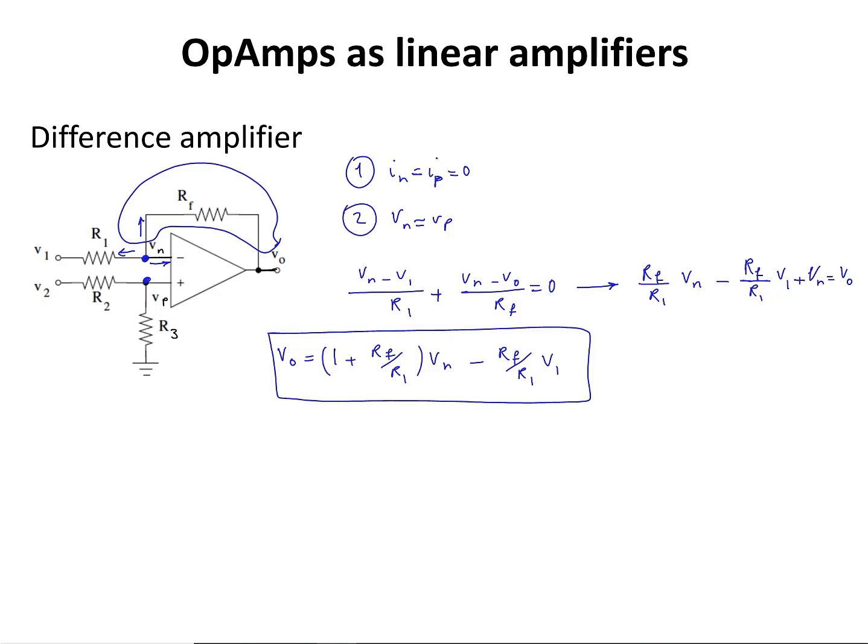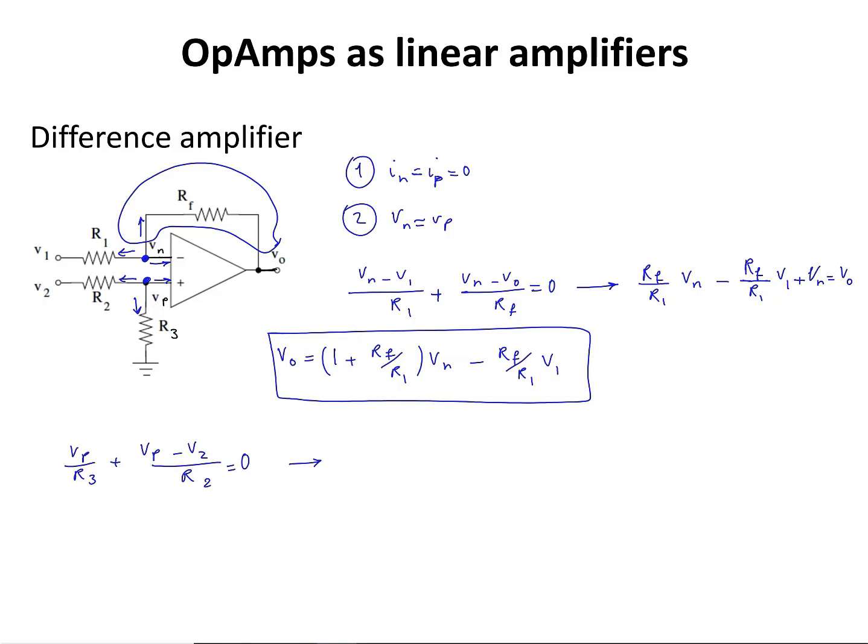Now the KCL at node P is going to tell me that the current that flows in this direction plus the current that leaves the node in this direction plus this current is equal to 0, and IP is equal to 0. So from there, Vp over R3 plus (Vp minus V2) over R2 is equal to 0.